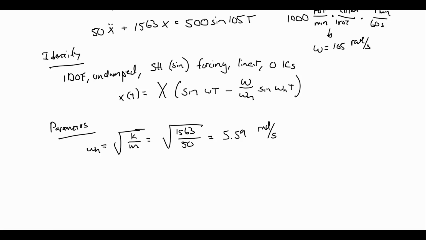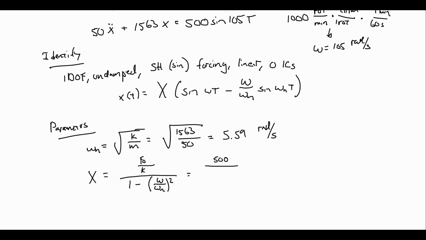So the second thing we need is going to be the value of X. That is coming from that pre-made solution. There's different forms of it. I'm going to use this F naught over k over 1 minus quantity omega over omega n squared. So filling in the things we know, F naught is going to be the coefficient in front of the sine term. That is 500, in base units here.